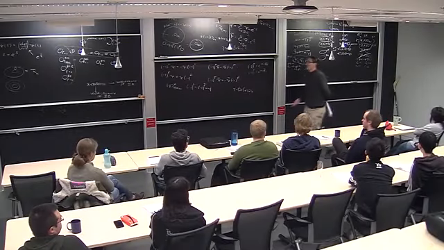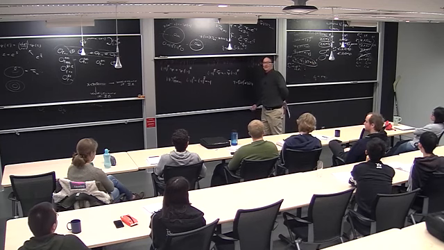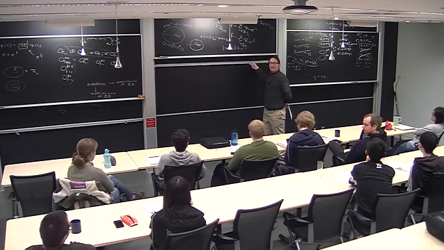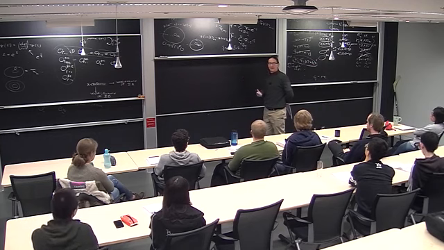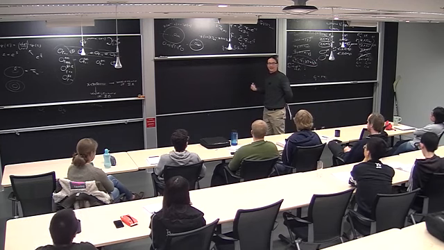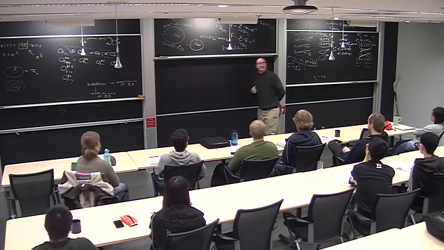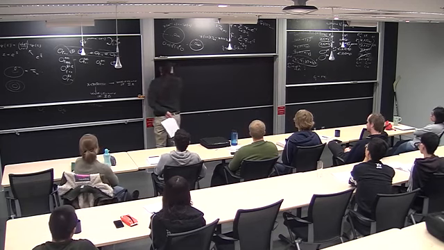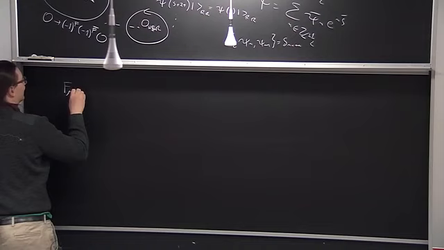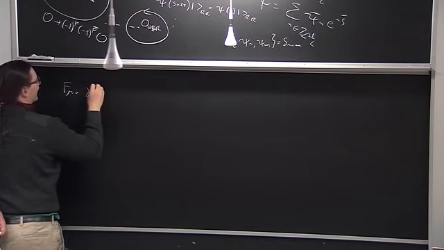So suppose you're trying to describe electromagnetism in a first order formalism, writing down equations of motion in terms of the field strength instead of the connection. So you can take your F mu nu and contract with the gamma matrices.